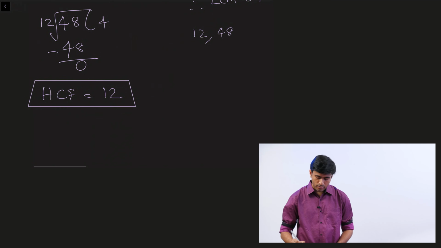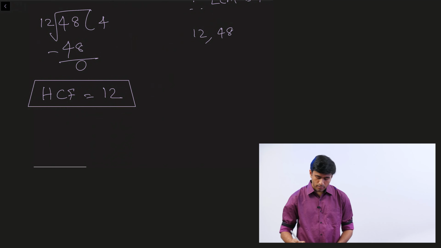So for coprime numbers where the HCF is 1, the LCM will always be the product of the two numbers. That's your property. So here's a look at the properties of HCF and LCM we've learned so far. The first one is HCF will be equal to or less than the given numbers.